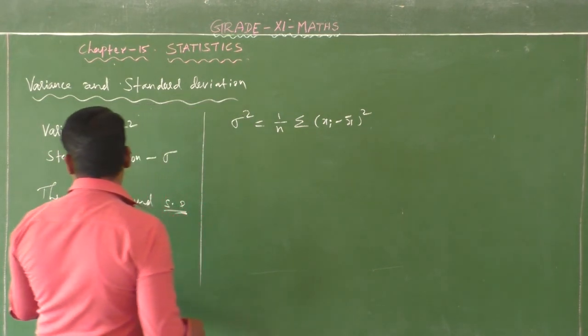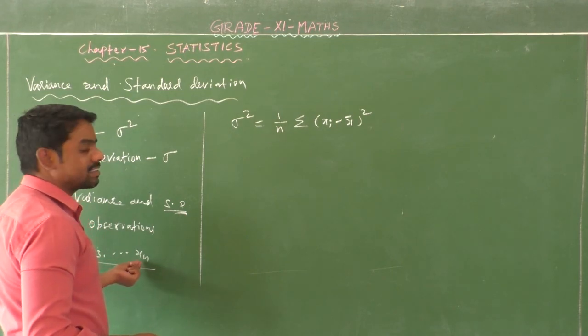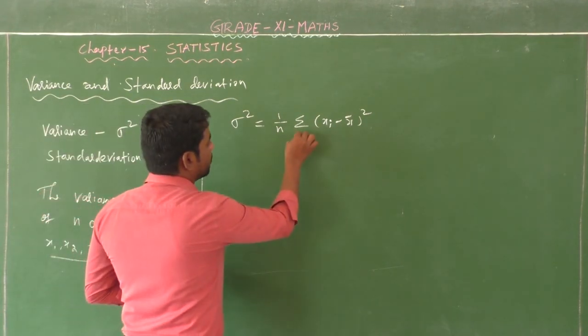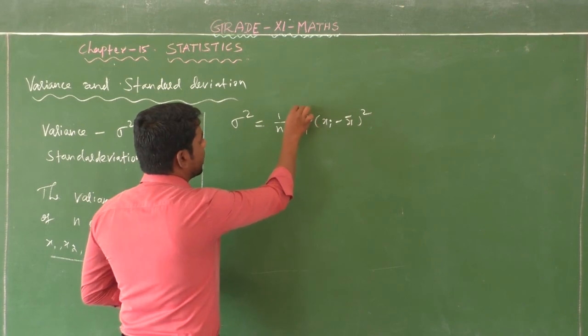Here the summation over x1, x2, x3 up to xn is written as xi, so summation of i equal to 1 to n.